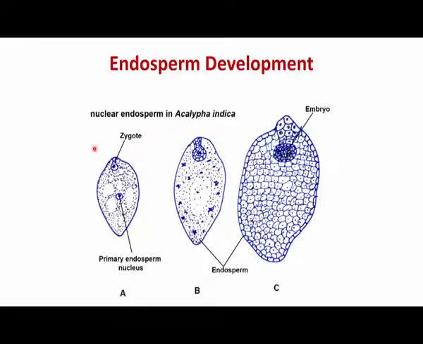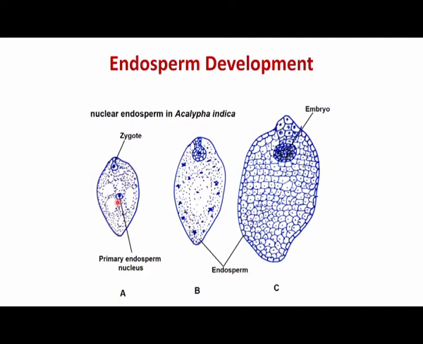As you can see on the PowerPoint slide, I have given the different stages of endosperm development in the case of the nuclear type of endosperm. The nuclear type is the most common type of endosperm found in angiospermic plants.